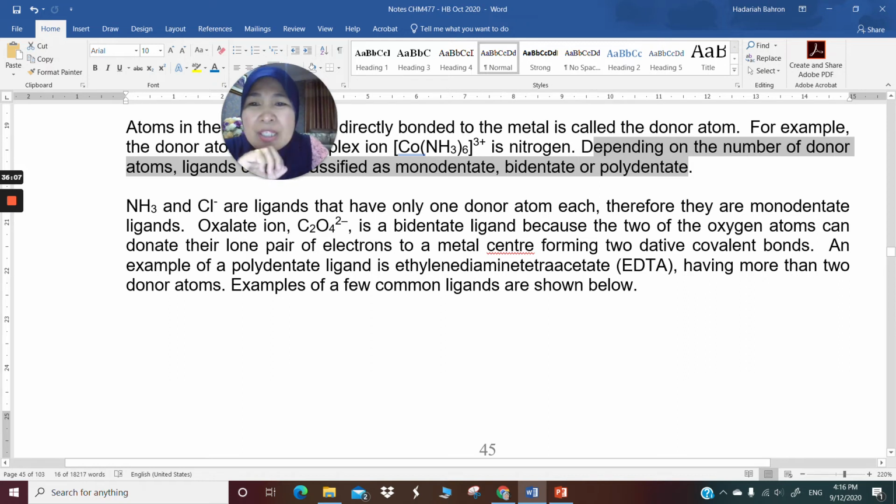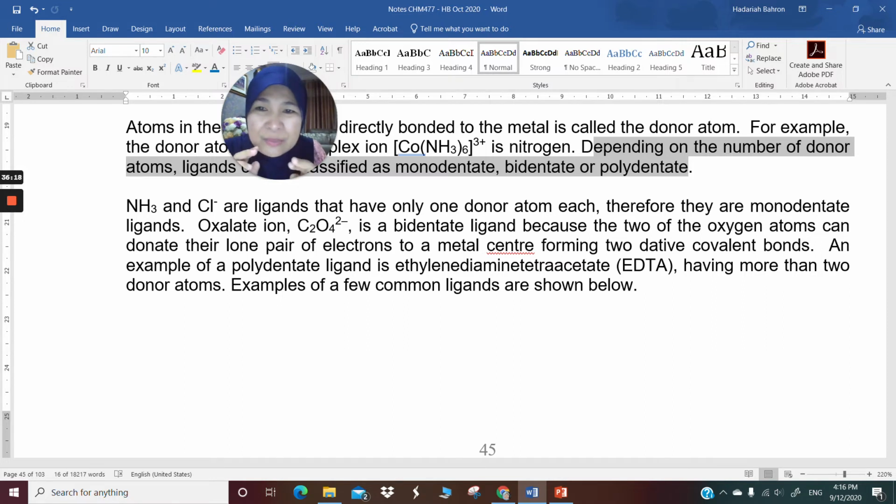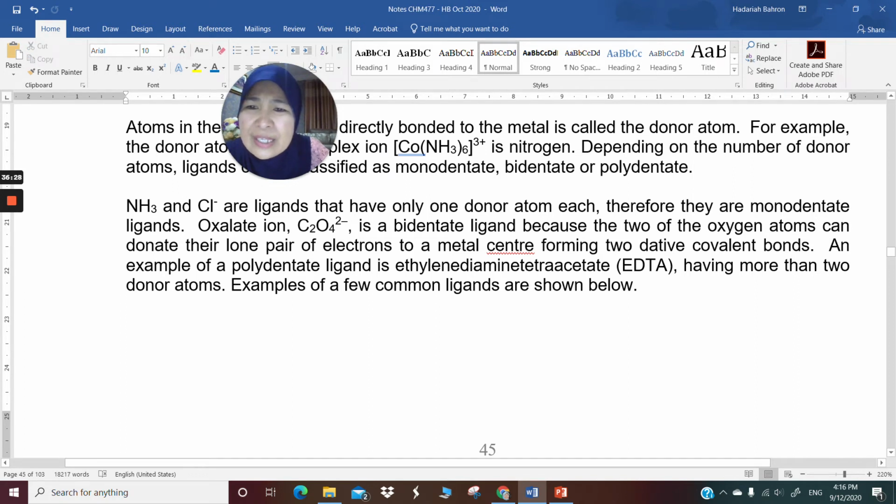But if in the molecule you have two donor atoms, it can bite at two points. So it has two teeth. So bidentate, if there are two donor atoms. If there are three donor atoms, you say tridentate. If there are too many donor atoms, then you say polydentate. So ammonia and chloride are ligands that have only one donor atom each, therefore they are called monodentate ligands.